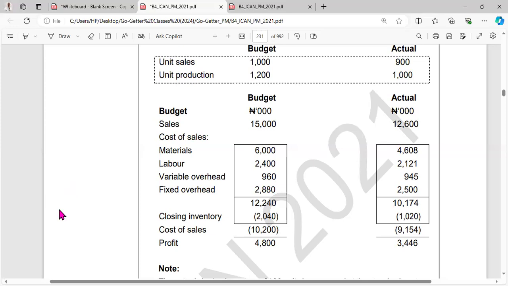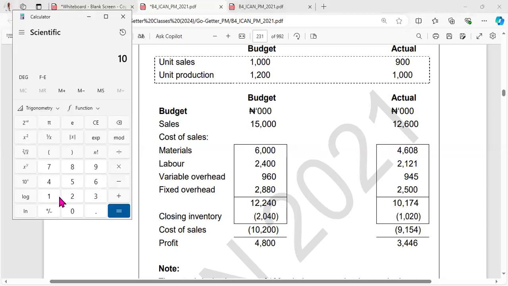I have 10,174,000 and now divided by the 1,000 that was actually produced. And this is like my actual cost. This is the actual production cost now, right? That's fine.